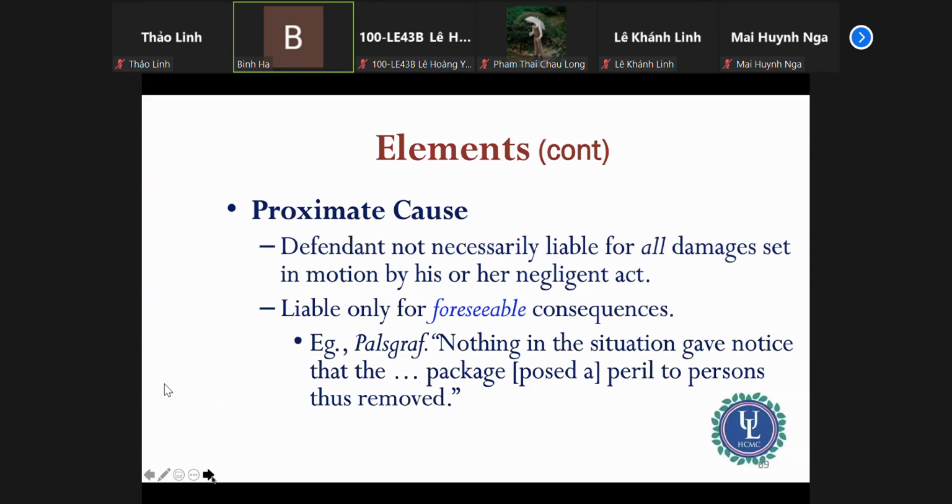Okay, proximate cause, this is about foreseeable consequences, and here is a very famous example, the case called Palsgraf. I will explain the case to you.